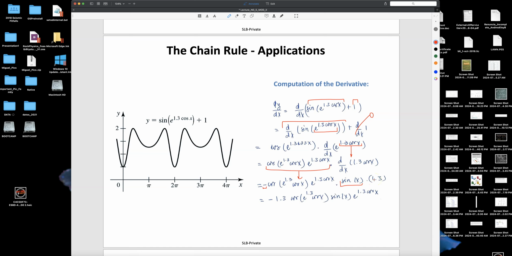So now what I'm going to do is just reorganize this a little bit. I'm going to bring the coefficients to the front. So I have here minus 1.3 times cosine of the exponential of 1.3. I'm sorry, this is 1.3 cosine x. I mean, this cosine is in the upper part. Okay, this cosine is here.